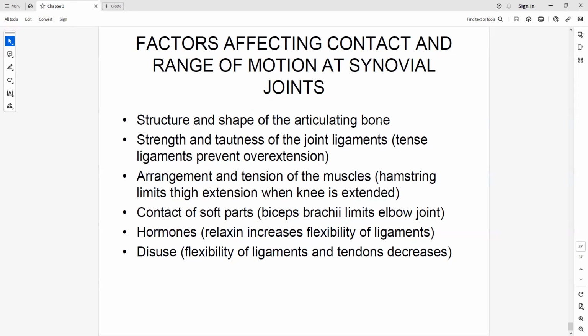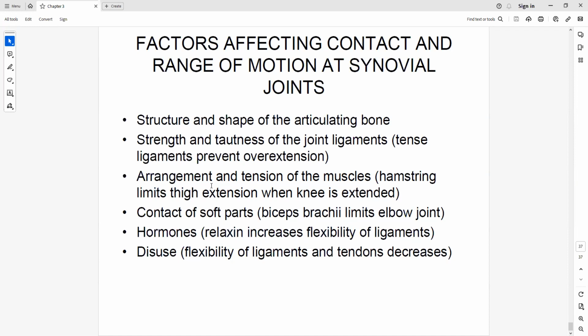And on the flip side, think about two of the carpal bones or two of the tarsal bones, where the structure and shape of bones bring tremendous limitation to their movement. Ligament strength is important to prevent overextension. Overextension is a destabilization of the joint, and this is an undesirable change in the range of motion.